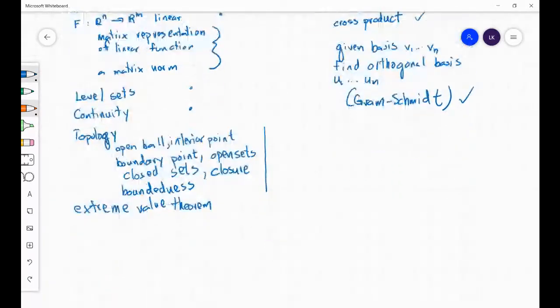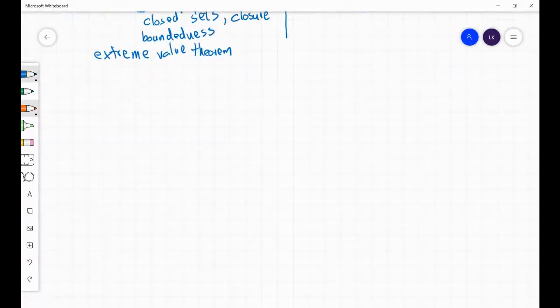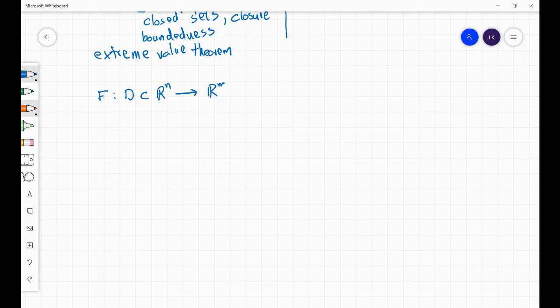Okay, so we're dealing with functions defined on some domain, some subset of, say, Rn into Rm. So that's the general study of this class, or the calculus of such functions, really.